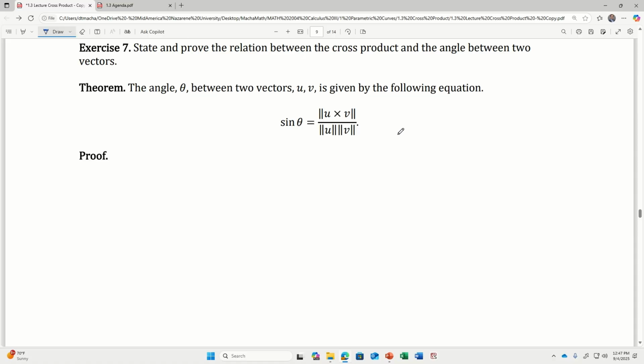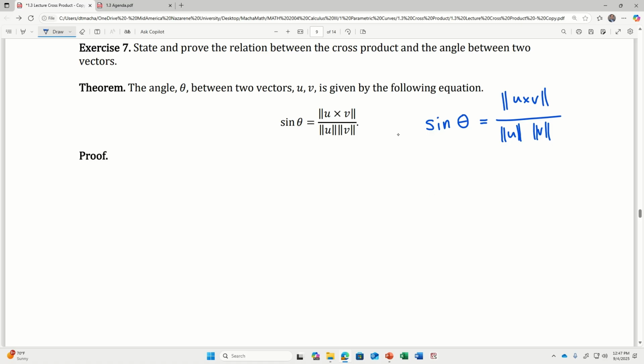Here we go. And hopefully this looks a little bit familiar to you. But you should know this one, that sine of theta is equal to the norm of u cross v divided by norm of u, norm of v. And this should remind you of something.